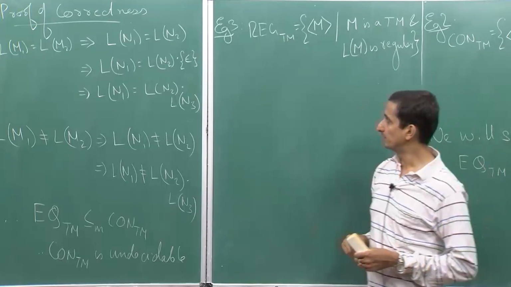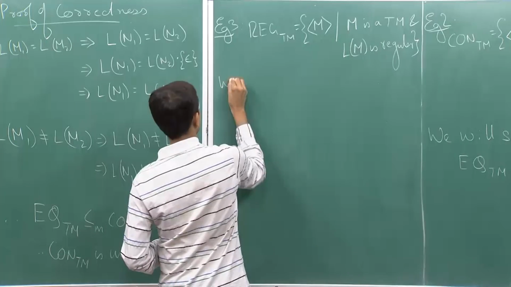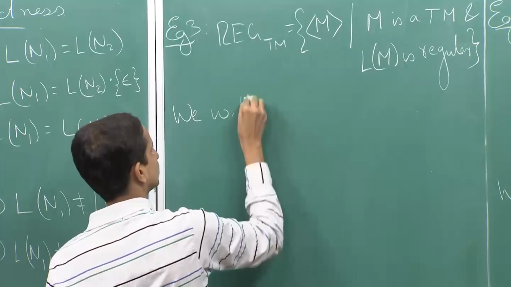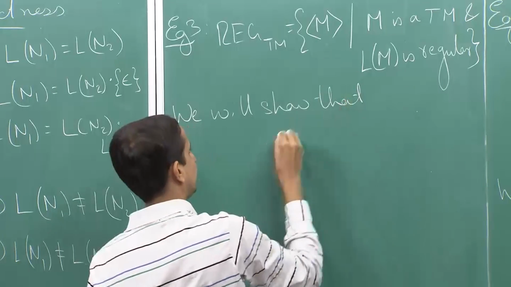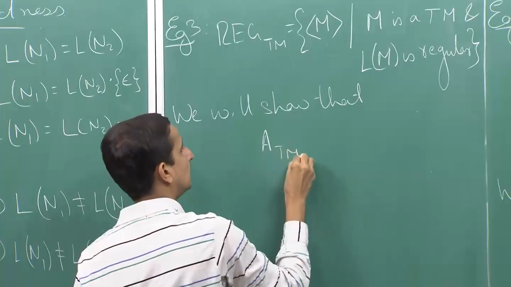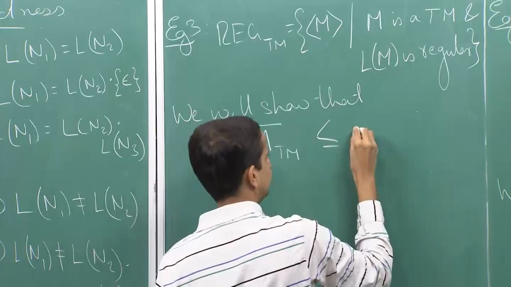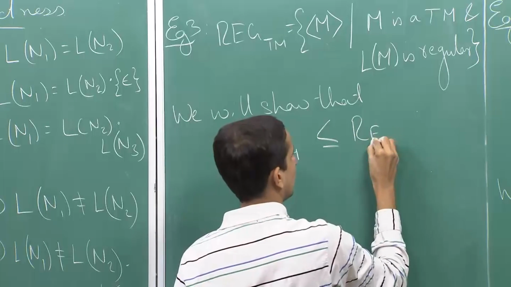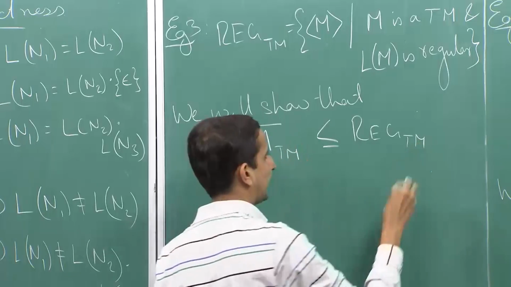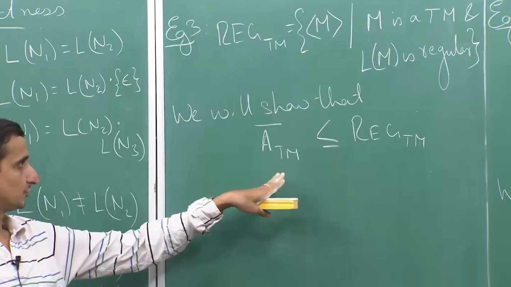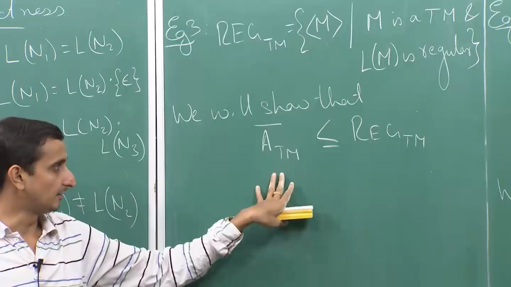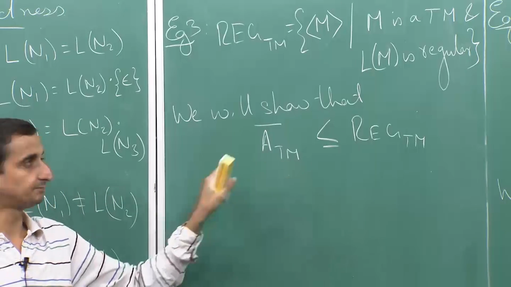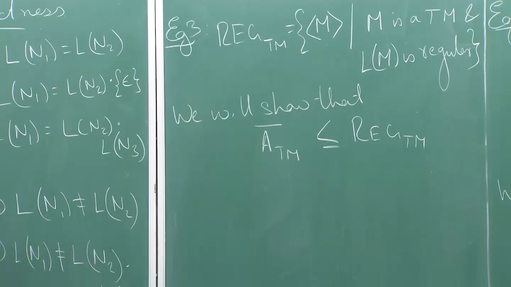Okay. So, what we will prove is that ATM complement reduces to RegTM, okay. And this would show that RegTM is undecidable. In particular, it is not even Turing recognizable. Okay.